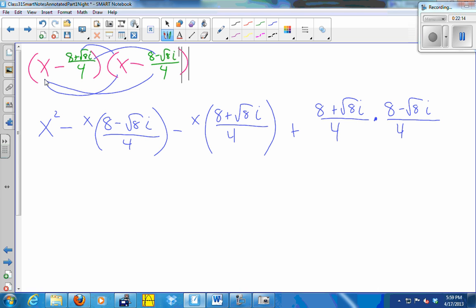All right, so this is a mess, right? But when I simplify everything, it's going to get cleaner. Okay, so I have x squared minus (8x minus x root 8i) all over 4.